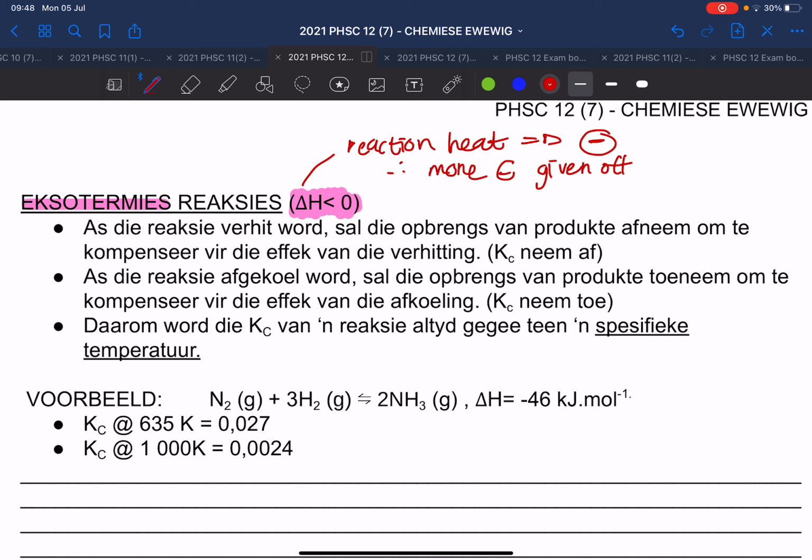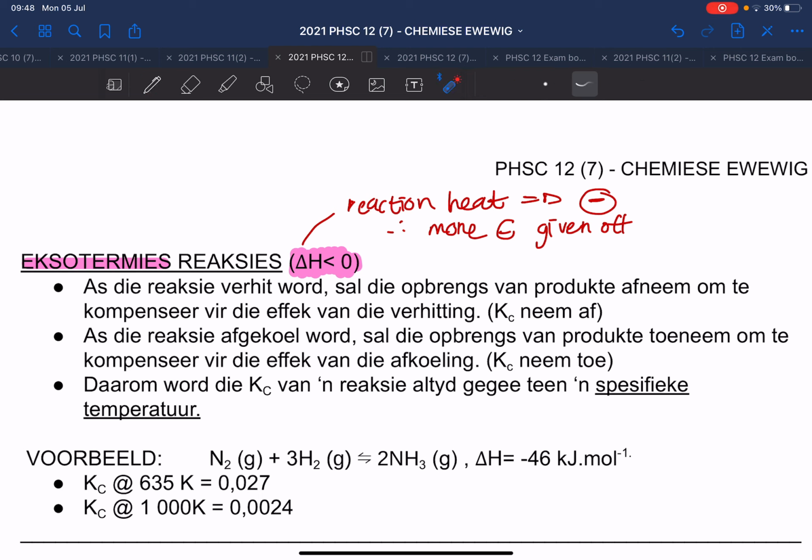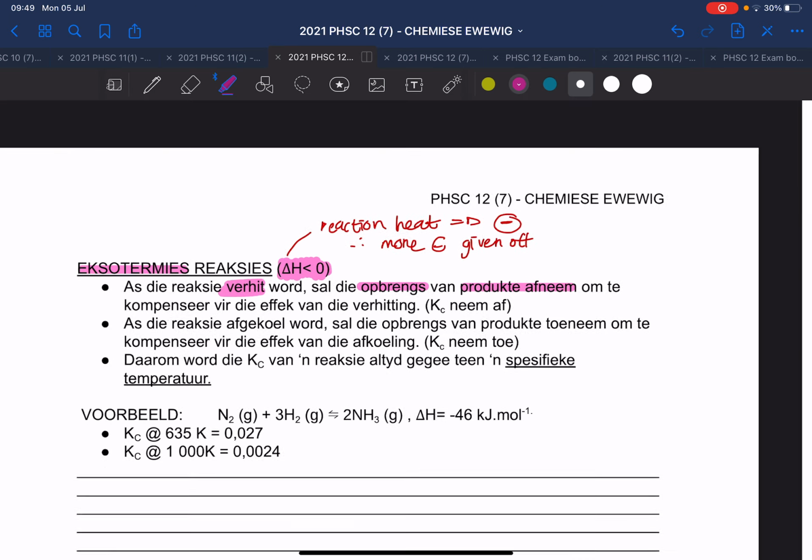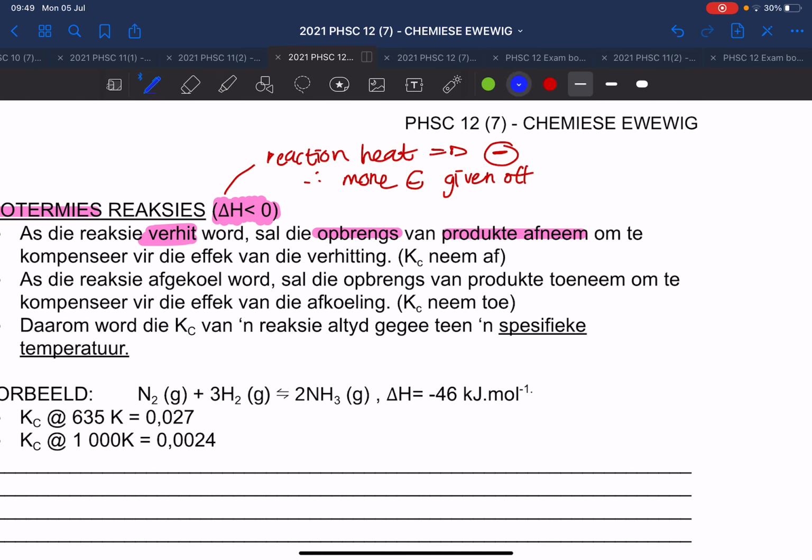Okay, and that is why, because we use the products to make reactants, produkte word minder, so our Kc expression decreases. Ons Kc uitdrukking neem af. Okay, so ek wil hier highlight, if we heat it, then the yield of the products will decrease. Okay, nou daar wil ek 'n paar goeters byvoeg. Hoekom gaan hy afneem?